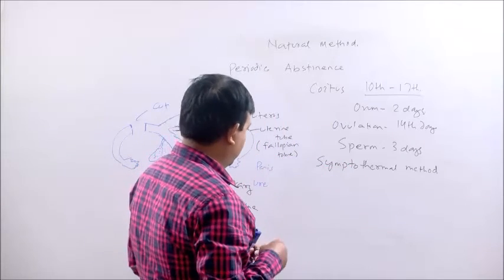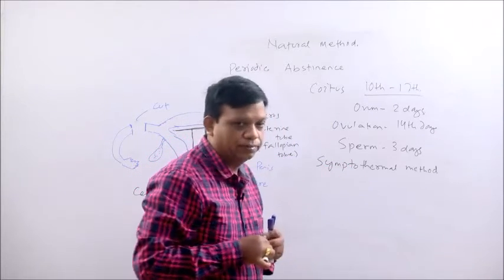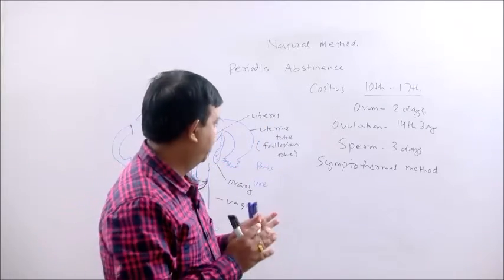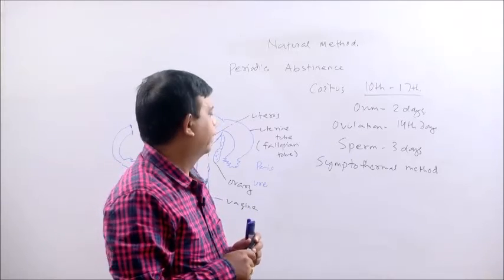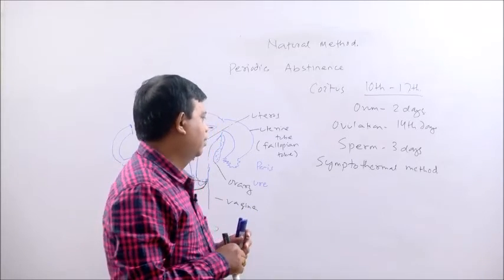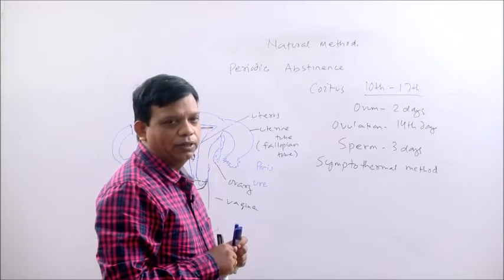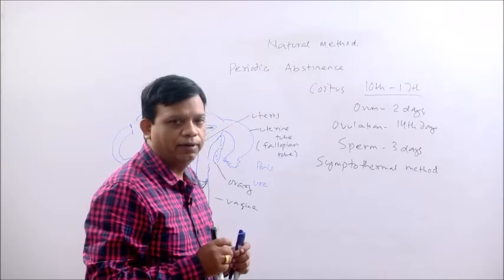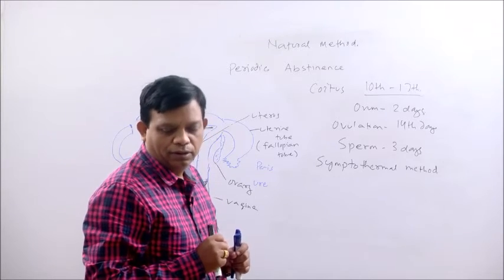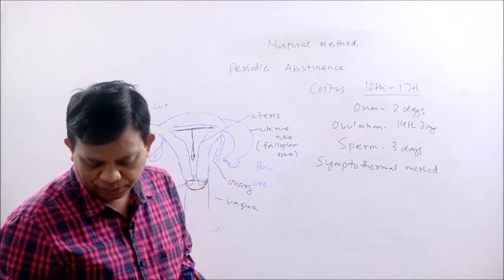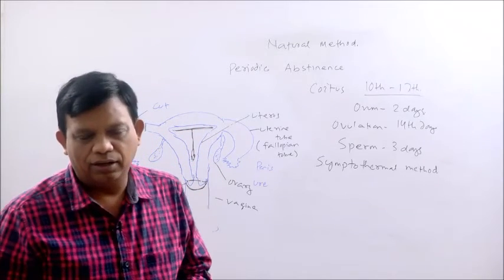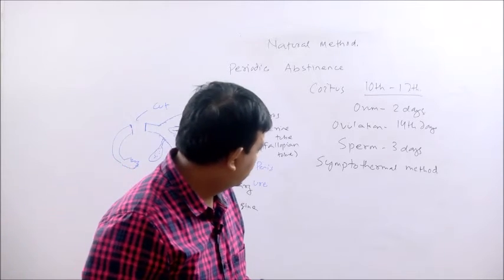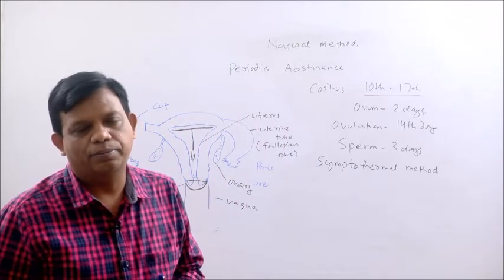Then another natural method is the symptothermal method. It is based on the understanding of the physiology of the female body. At the time of ovulation, the basal body temperature of the female rises. Also, there will be release of thin, clear, stretchy cervical mucus in abundant quantity.